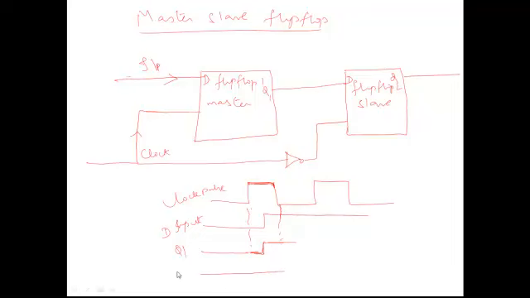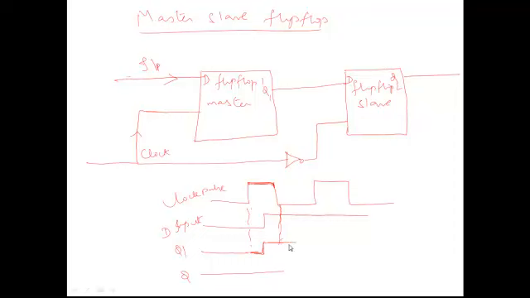Now, the slave output we will draw as Q. At this point, what is happening? The slave will be triggered because we are having a negative clock. The master will now stop responding to any input, and the slave will start responding to its input. The slave input is nothing but the output of the master, so this is the output of the master.